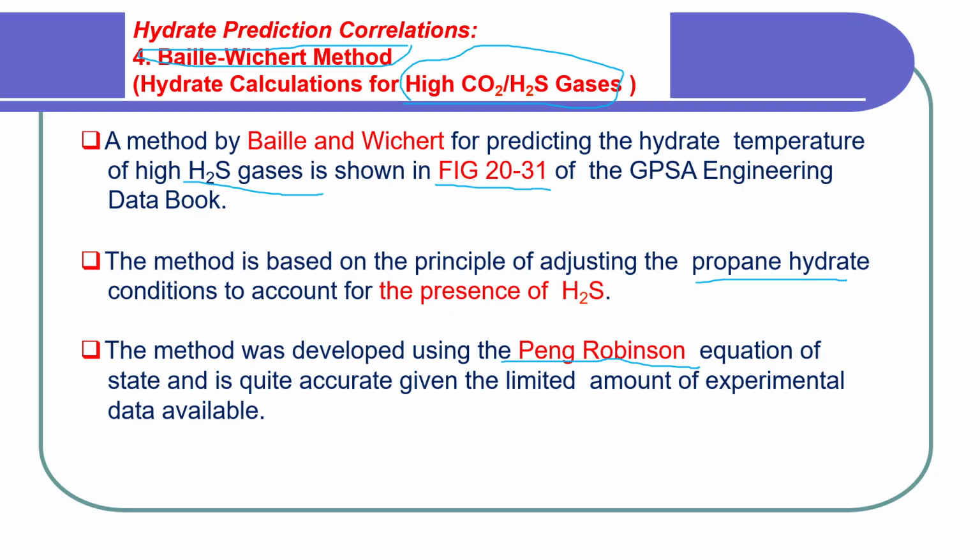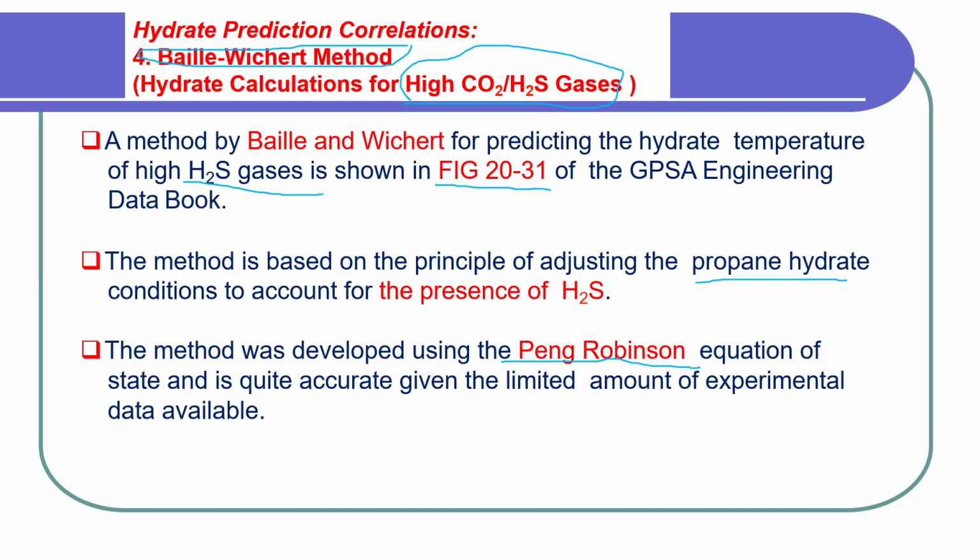So as you can see, if you are dealing with a low pressure system, sweet gas, you can use Katz's method. If you are dealing with a more sophisticated scenario or a higher pressure scenario, you can use the Campbell method or the McLeod-Campbell method. If you are dealing with a situation where you have a high concentration of CO2 and H2S, then it is preferable to use the Bailey-Wishart method, which is represented in figure 20-31 in the GPSA book that I'm going to show in the next slide.